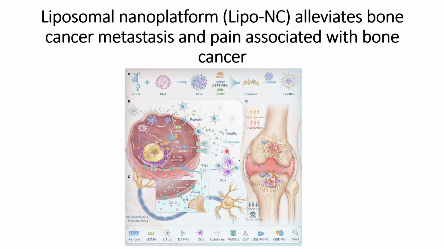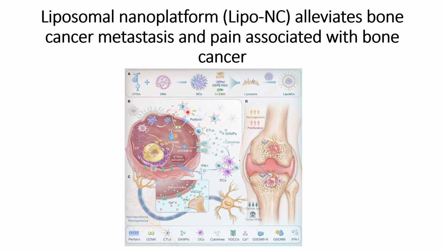The dendritic cells later help in the innate immune response by providing information about the antigens to the T cells to generate an immune response that is targeted to the tumors present within the patient.